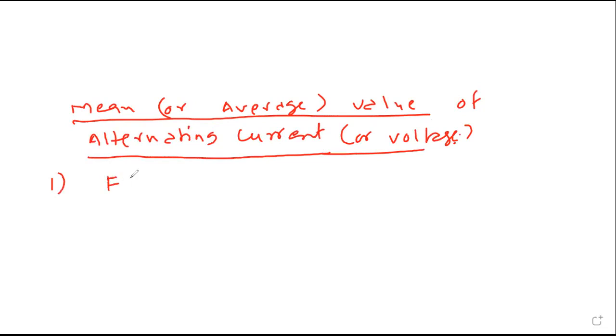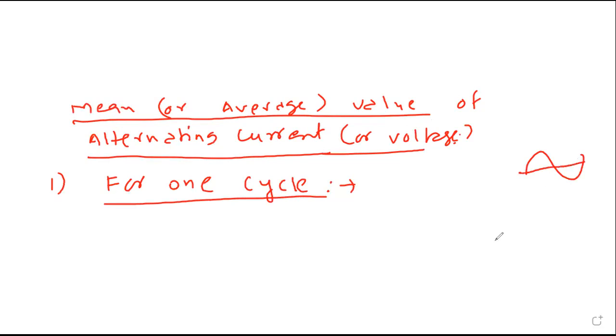First one for one cycle. One cycle's mean is always 0 because whatever is in crest side exactly same is in trough side. So it will be equal opposite. Therefore, for one cycle, average will be always 0.